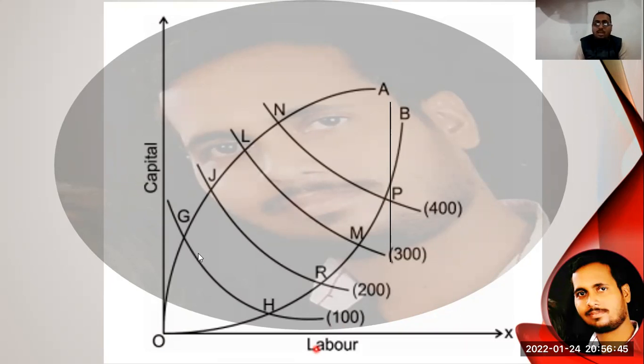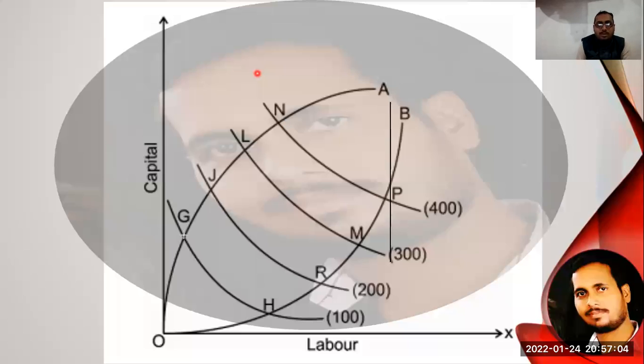Now see, if the entrepreneur uses more than this factor, the entrepreneur will still get the production of 100 units, but the resources will be changed, one factor being constant and the other factor being changed.